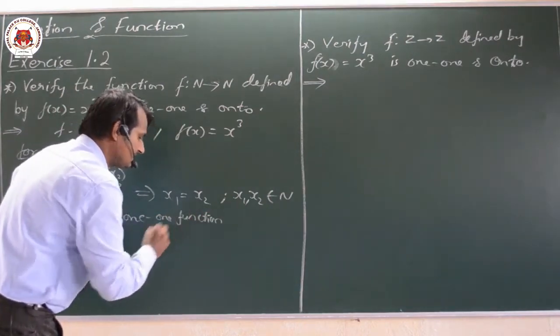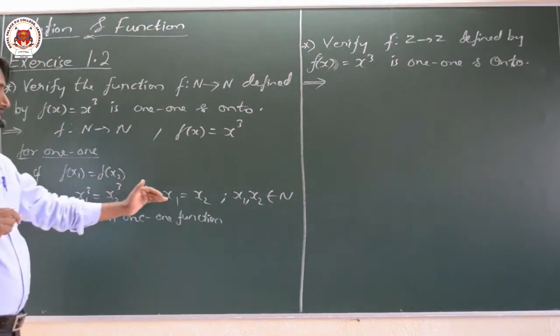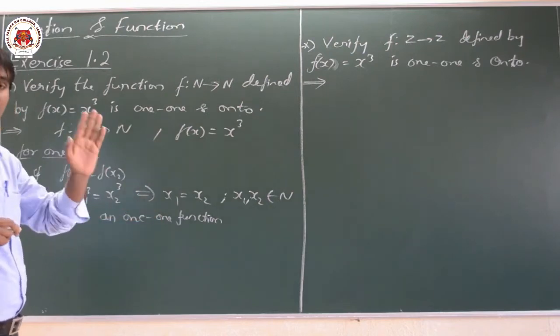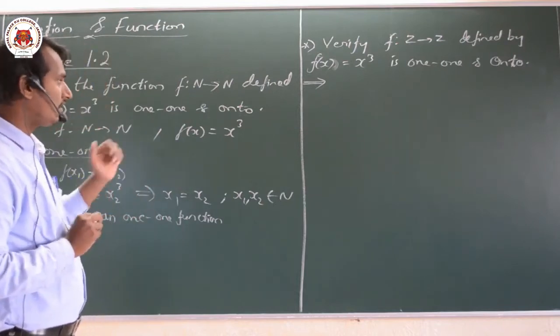Okay dear friends, this is all about the one-one function related to f of x equal to x cube. It is a one-one function, or an injective function. Now let us look at the surjective, that is onto function.